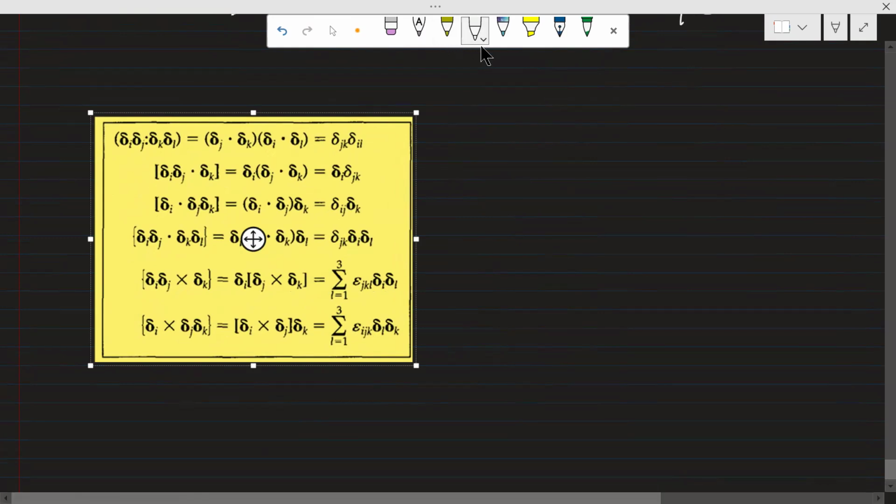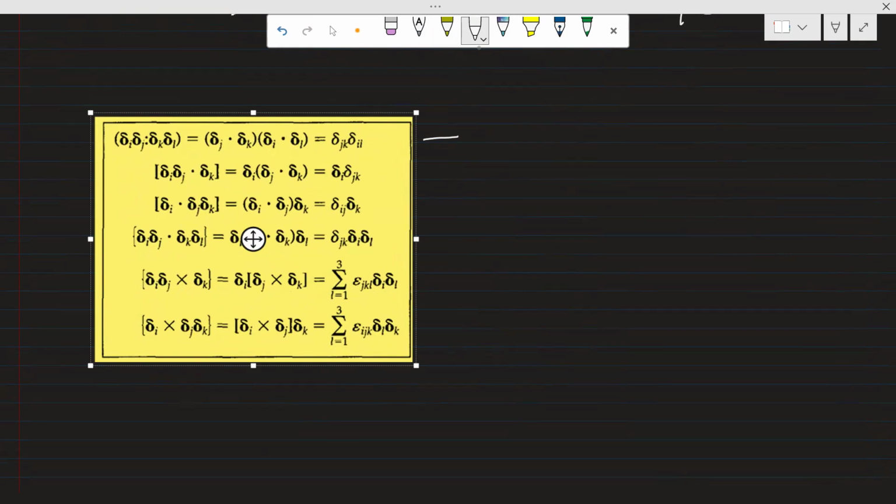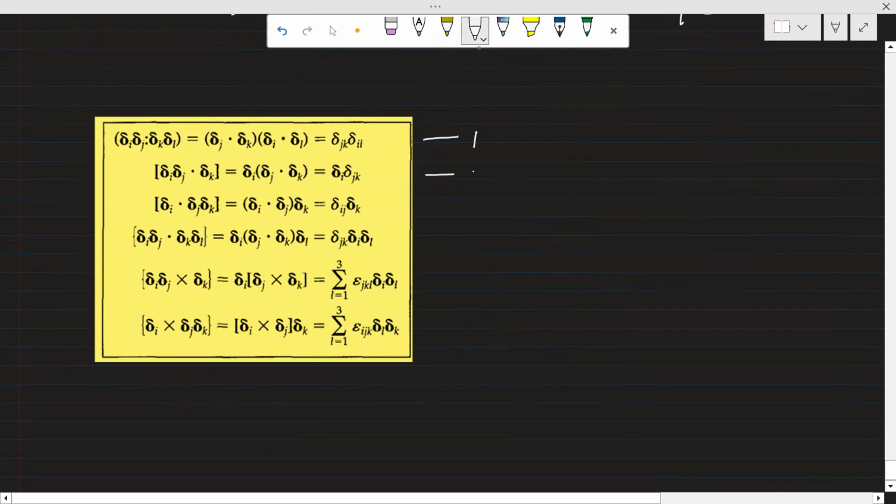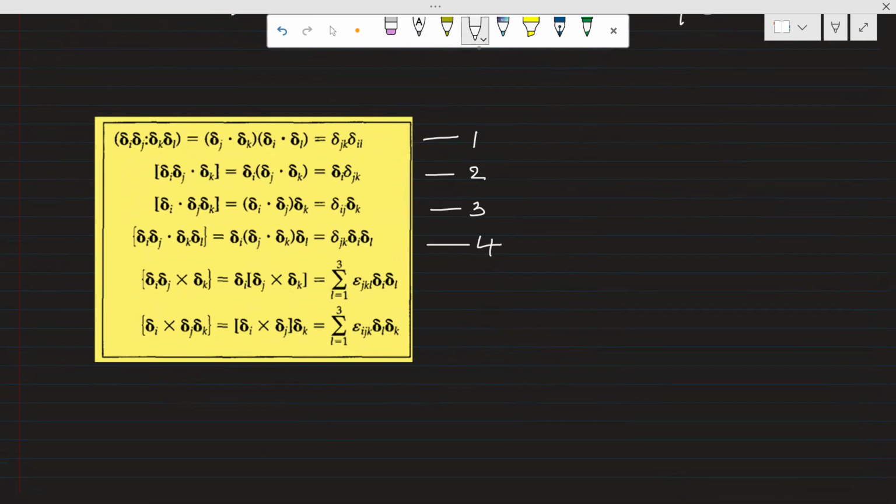So you can see this is definition 1, this is definition 2, this is definition 3, definition 4, definition 5, and definition 6. Of course, the definitions of the unit vectors are helpful in deriving this also.